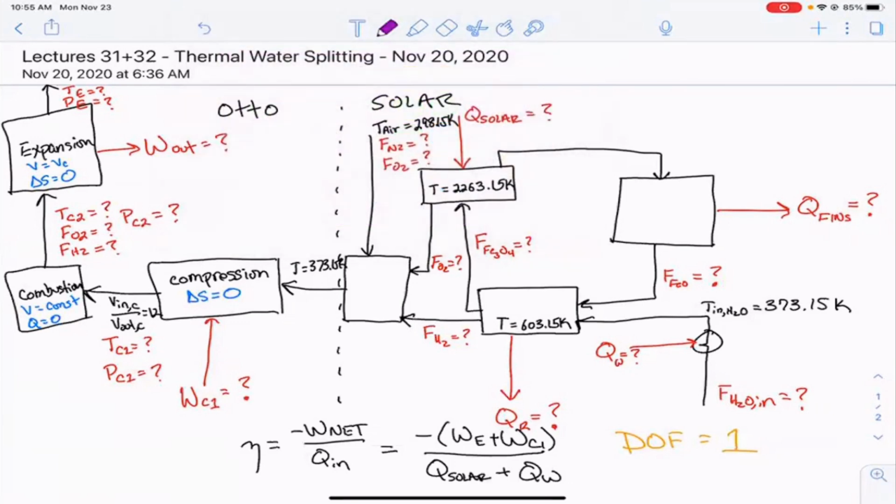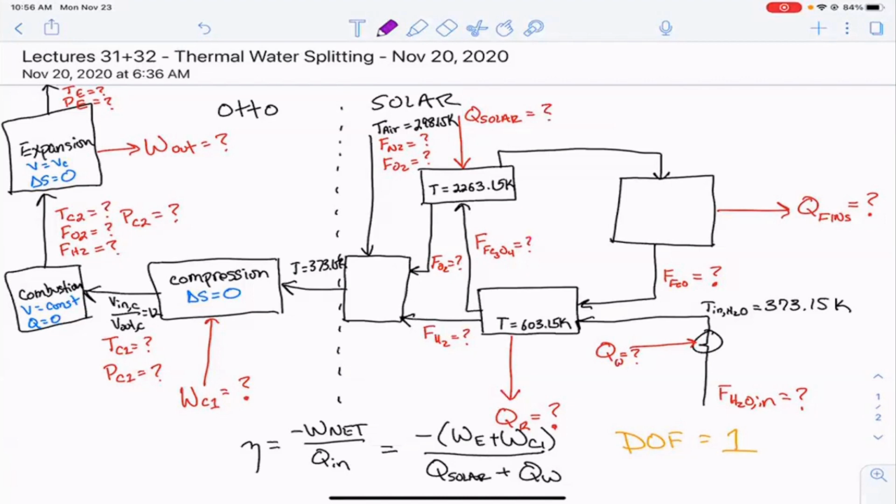So, you could be asked how to make a certain amount of work, or what's the system size to do a certain amount of work. But I find that when I am confronted with a problem like this, where I have 1 degree of freedom, I prefer to choose a basis to solve the problem. And then once I choose that basis, then I can always solve for all of the work and energy inputs and outputs, and I could always just linearly scale that problem. And I like to do it in a way where it's very easy to follow.